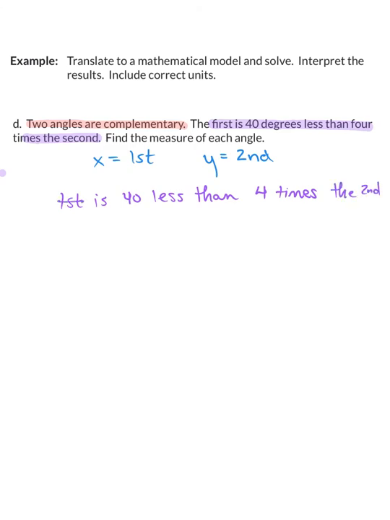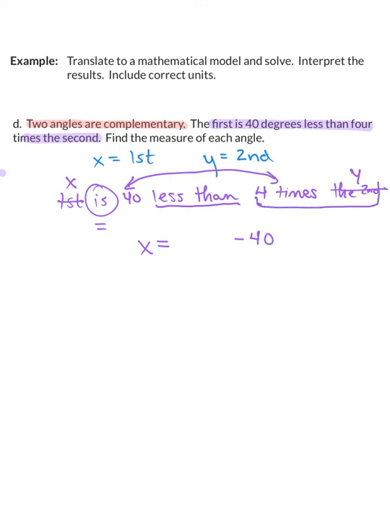Okay, so remember that first was x, second was y. Right here we have our equal sign. Remember that less than is a reverse order phrase. And so we want this to be not 40 minus, but something minus 40. And the something minus 40 is going to be the 4 times y. So we get x equals 4y minus 40.